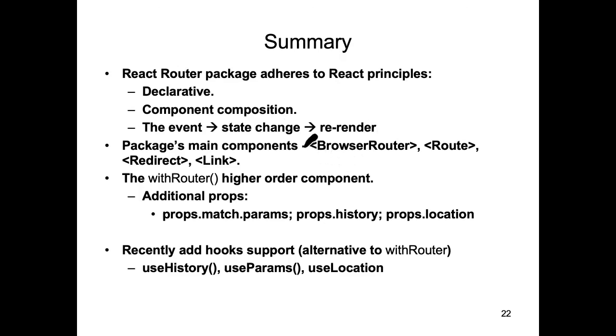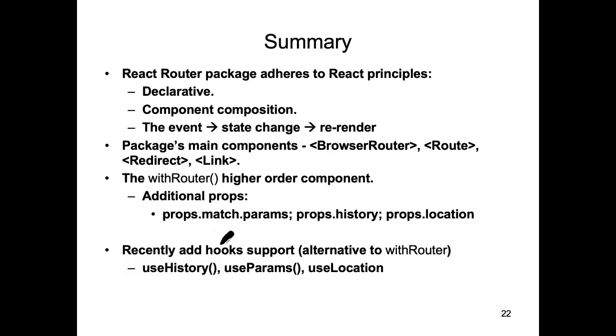These are some of the components that the React Router library provides us with. I think they're the ones that you will use 99% of the time. We've seen the withRouter higher order function. Now it turns out that more recently, I'm saying down here at the bottom, the React Router library provides us with hooks.